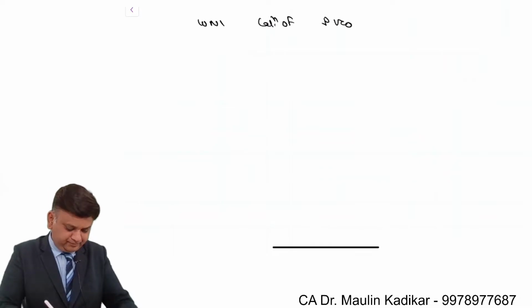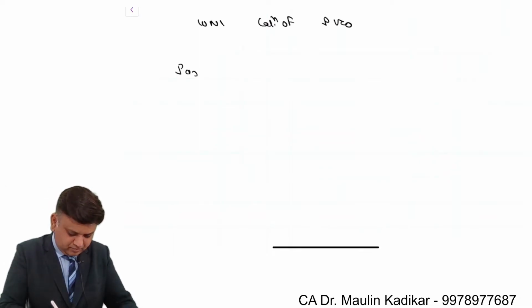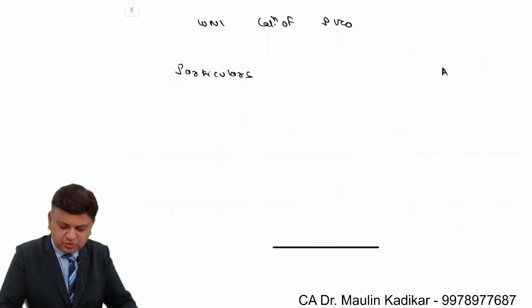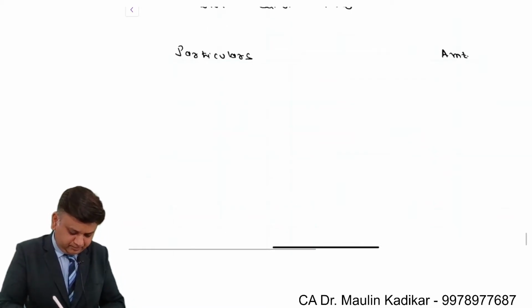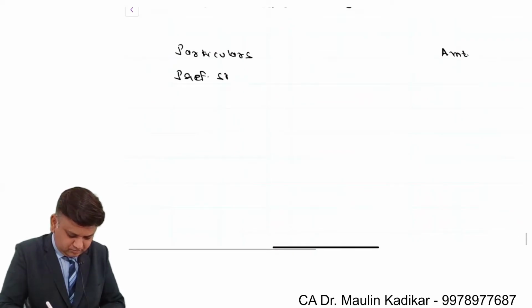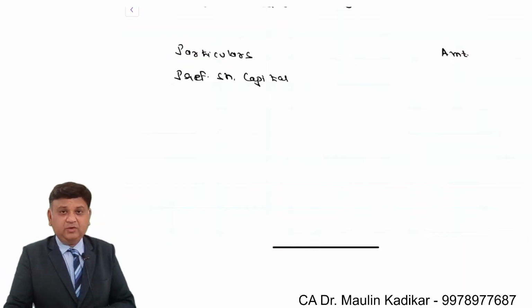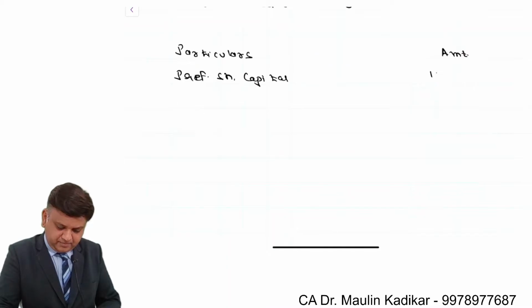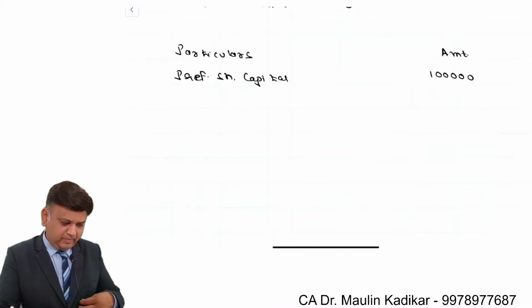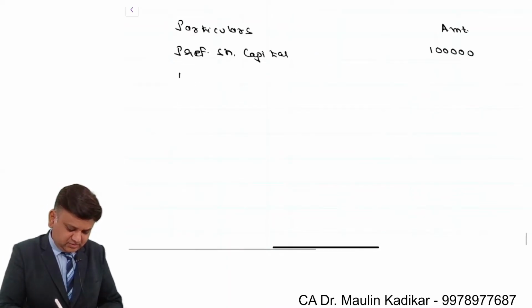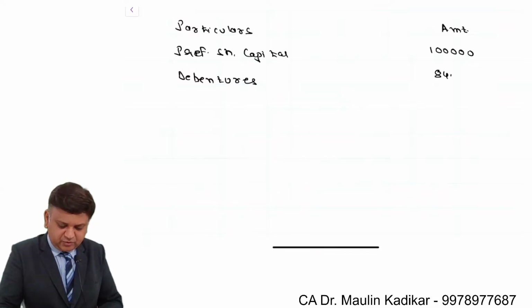In that, issue of preferential capital, an amount of rupees 1 lakh. Next is debentures. It is an amount of rupees 84,000.